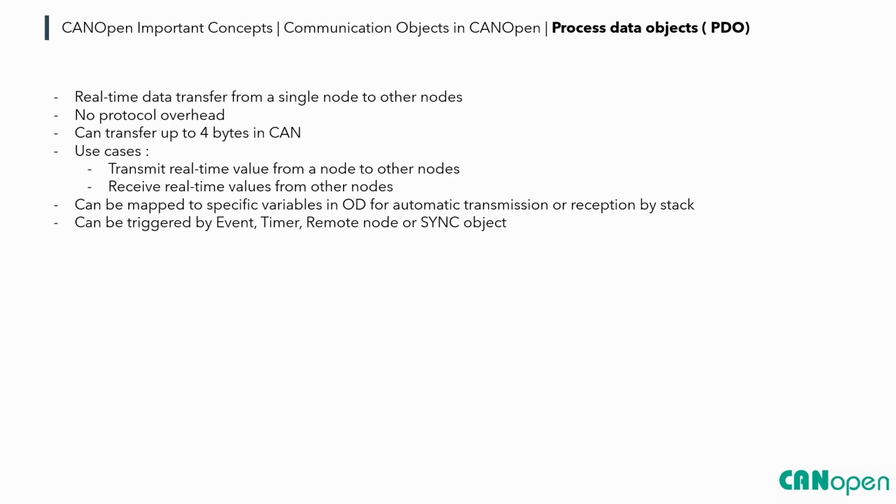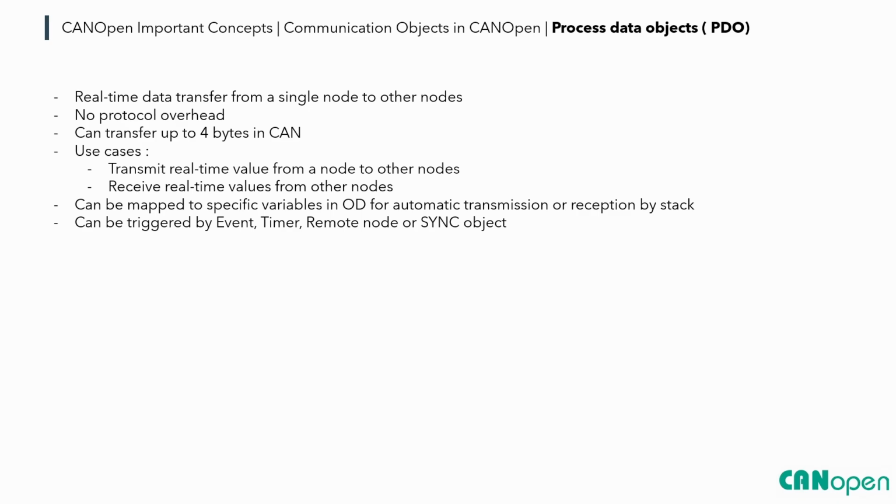PDOs can be triggered by events, so you can trigger them by code, or they can be transmitted by a timer, so you can tell the CANOpen stack to transmit them every 100 milliseconds. They can also be requested remotely, though I should note that in the CANOpenNode stack we didn't implement that, so we don't have remote PDO triggering.